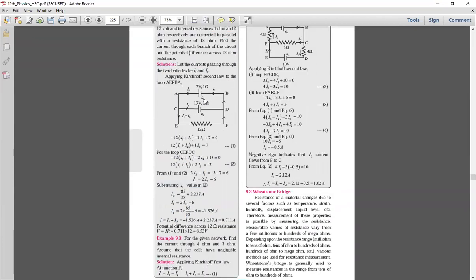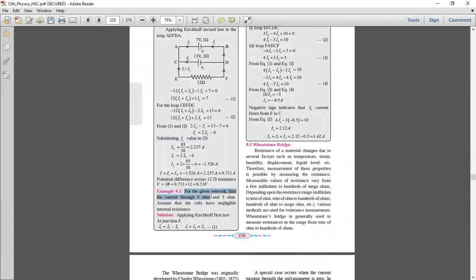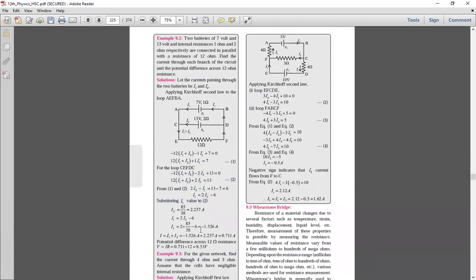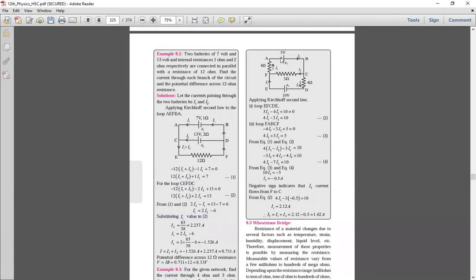For the given network, find the current through 4 ohm and 3 ohm. Assume that cells have negligible internal resistances. So there are two cells. This problem is also the same. What they have done is that the terminals of both the cells are opposite.